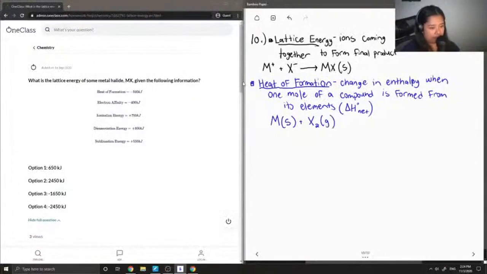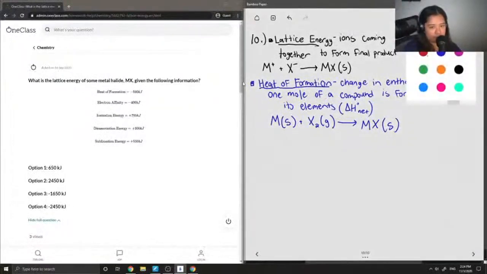These are just the pure elements to make our final product. So it's the net of the reaction, because this is basically our final reaction, and all of these little steps are how we would make our final product.